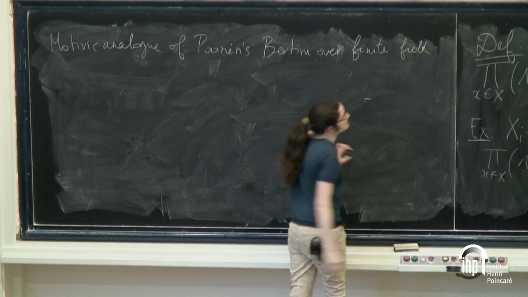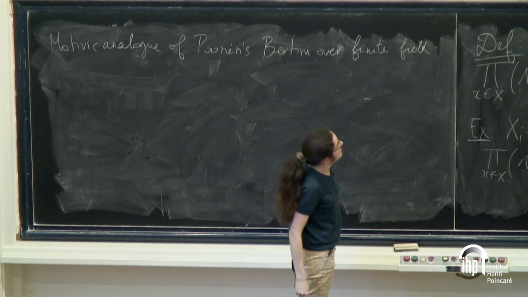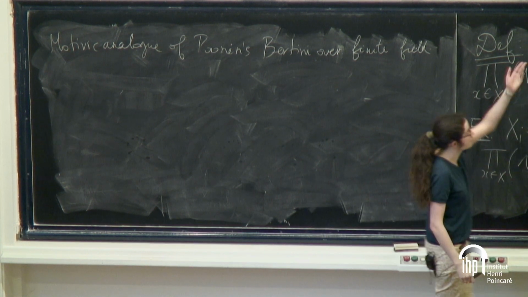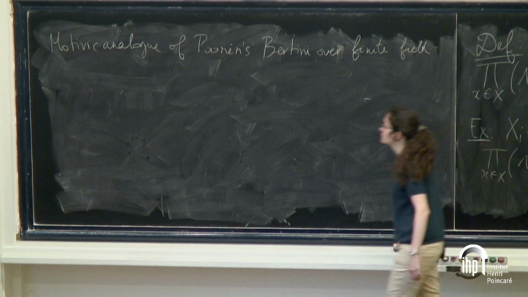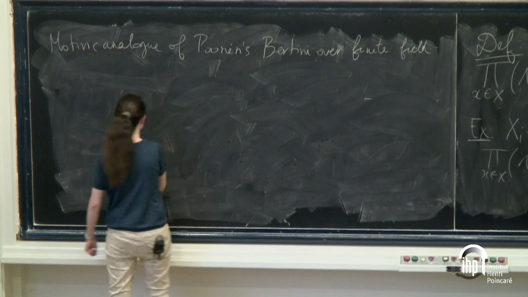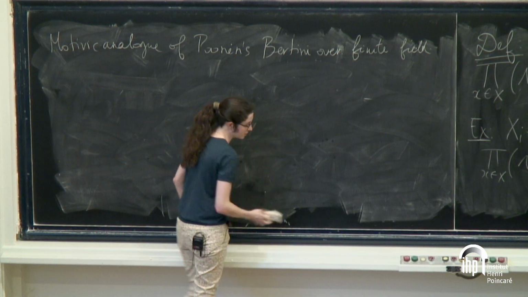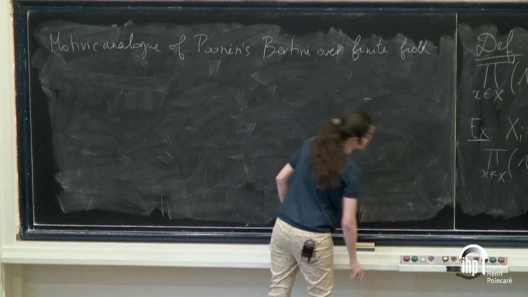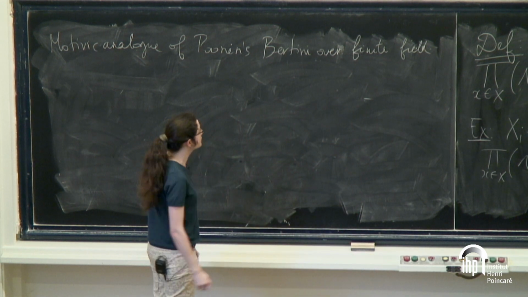Poonen's result says basically this, but over a finite field. So Kapranov's zeta function is replaced by the zeta function of the variety X over the finite field, and L is replaced by q, the number of points of the field.